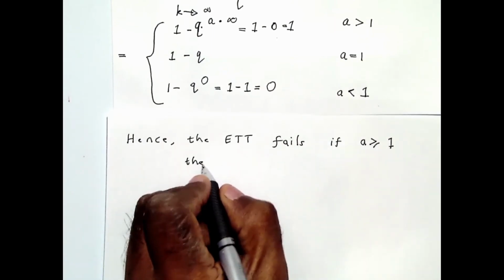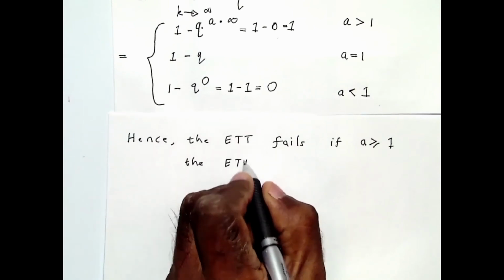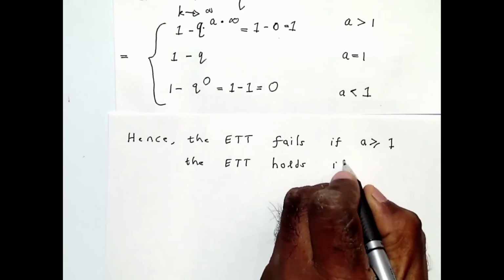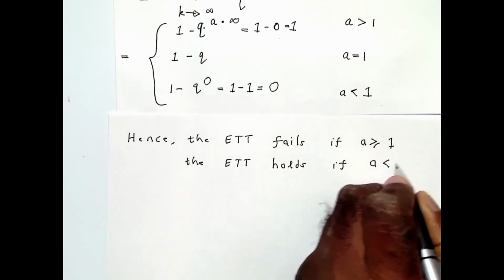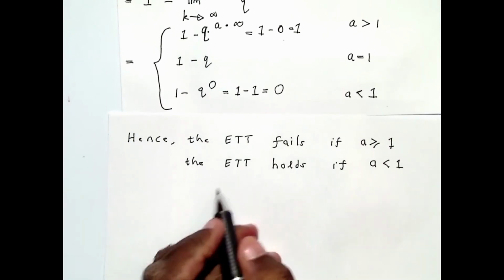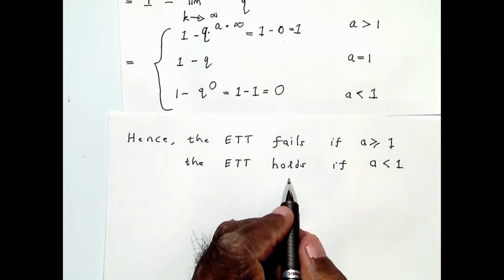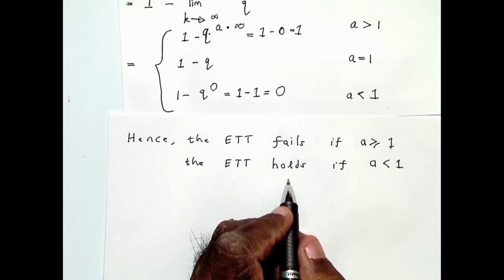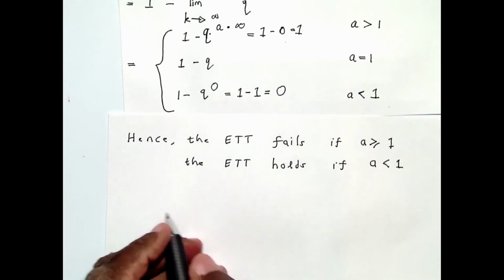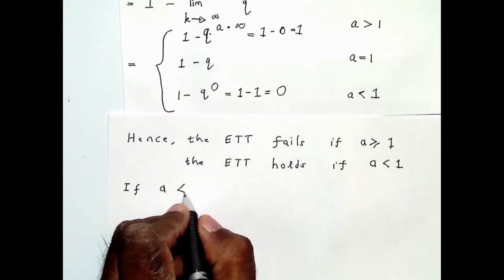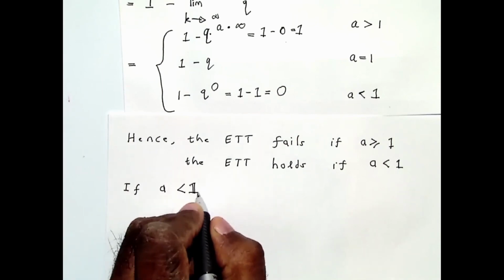The extremal types theorem holds if a is strictly less than 1. So in this case, you can check the 3 conditions, conditions 1, 2, and 3, and see which of the conditions is satisfied. So if a is less than 1, check.